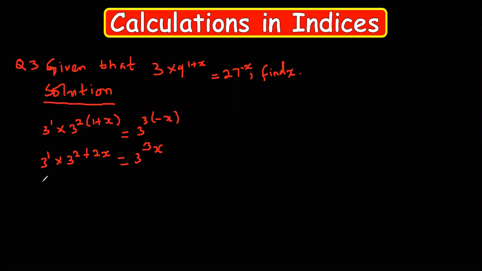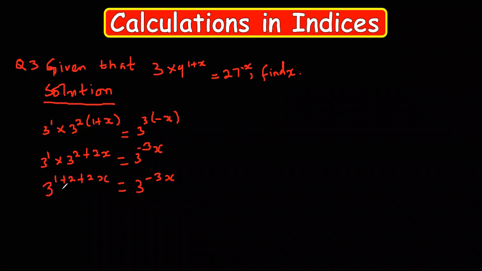So according to the multiplication law, we are going to add these powers here. Since we have a similar base, we have 1 plus 2 plus 2x equal to 3 raised to the power of minus 3x. There's a minus here.